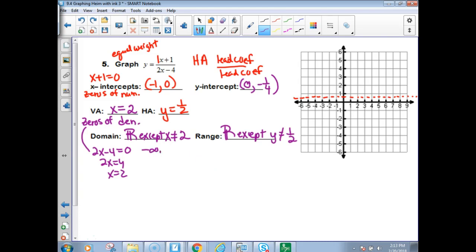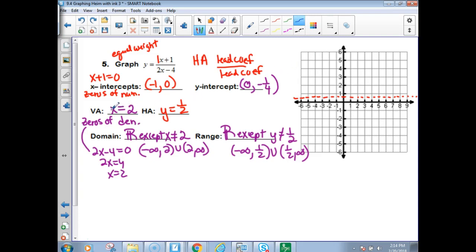It would look like this for a domain, negative infinity to 2, union 2 to infinity. And if you were to do the range in interval notation, negative infinity to 1/2, non-including, and from 1/2 to infinity. Okay, that's probably the last time I'll even write that in that form. Didn't want you to forget about your interval notation, though.